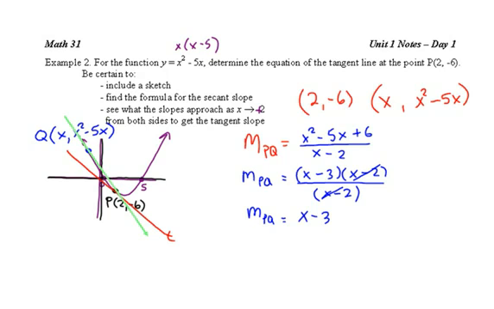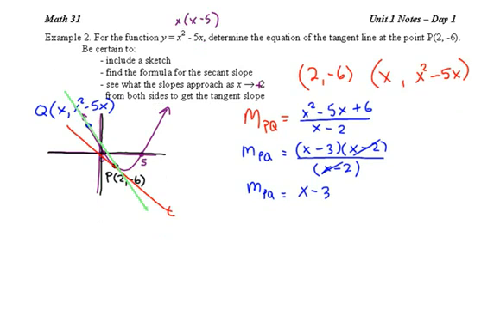So even if it's a hole in the graph, a non-permissible value, the limit is different than the actual point. The limit is saying, what is it approaching from both sides? It's not the actual answer. It's just what it's approaching. That's what the limit is.